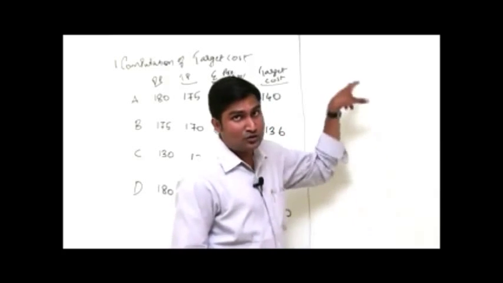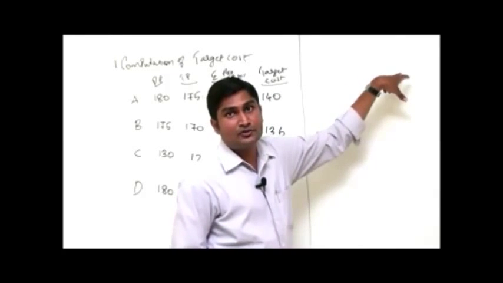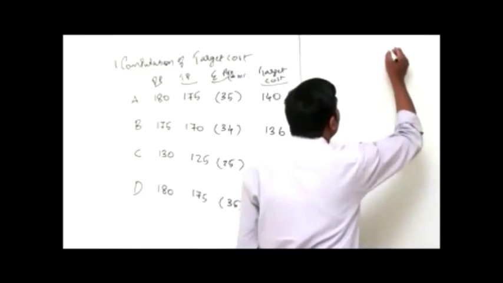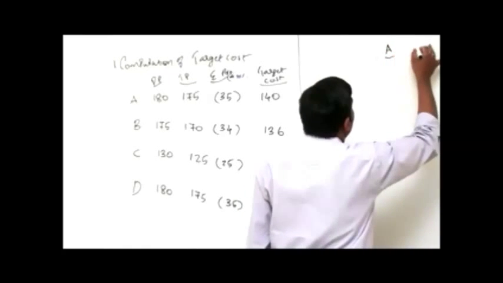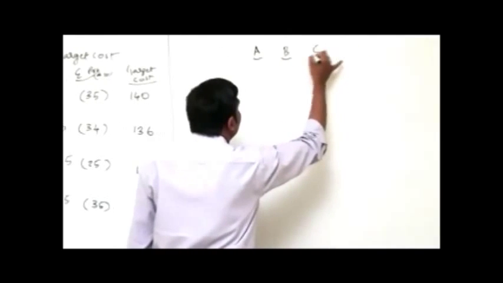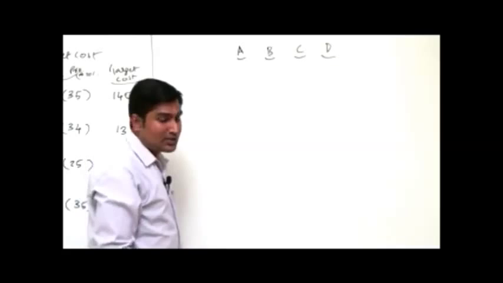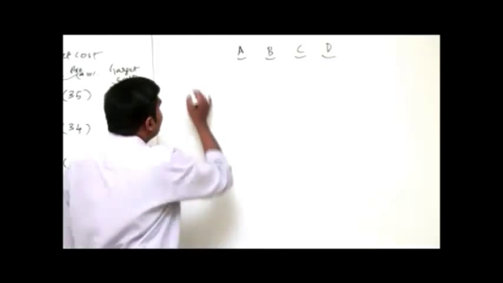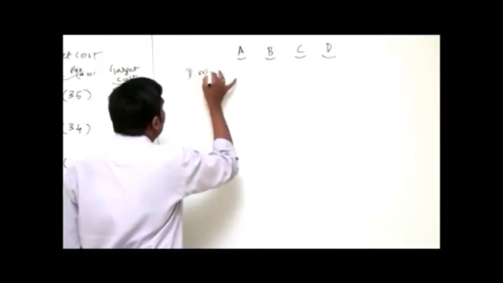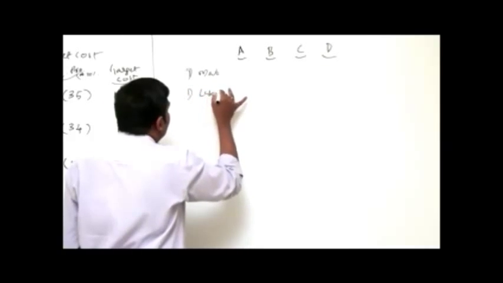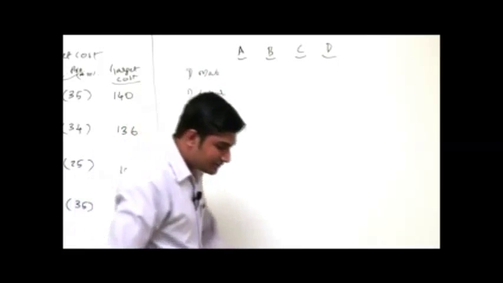Now let us put all those figures in to calculate the cost per unit of A, B, C and D. Particulars columns A, B, C and D. There are two direct items, namely direct material and direct labor, and after that various overheads.